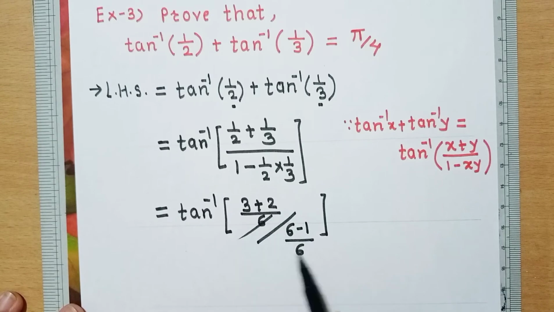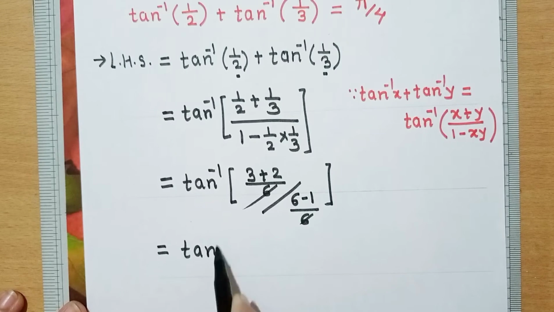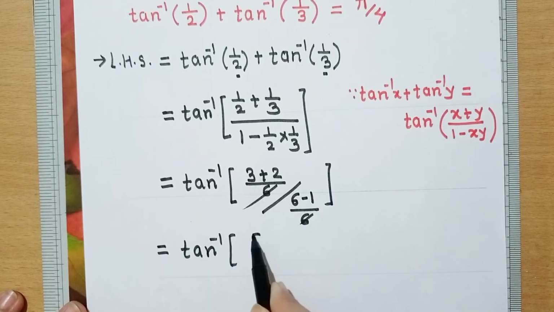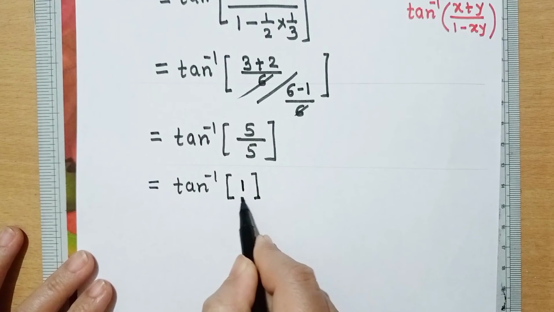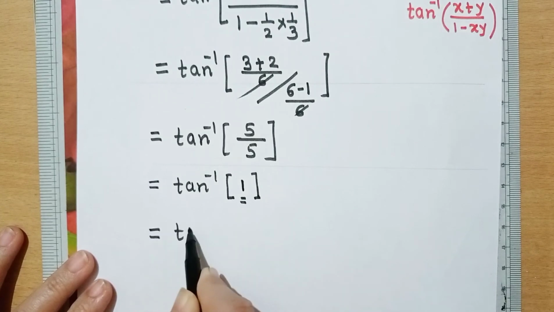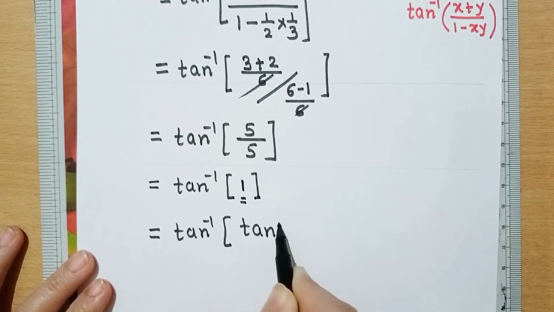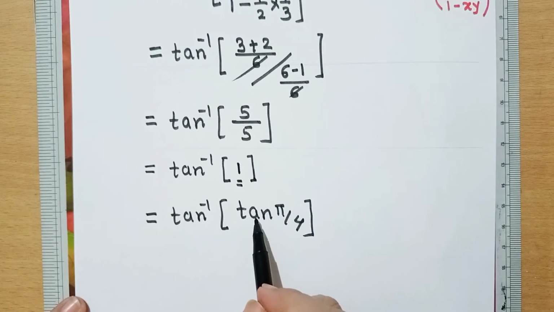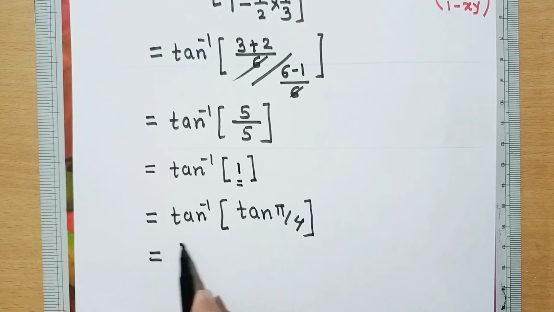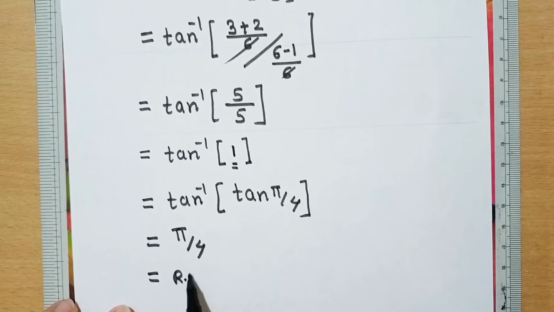Now check, upside downside this 6 gets cancelled and again that is equal to tan inverse of 3 plus 2, 5 upon 6 minus 1, again 5. 5 upon 5 is 1 and again we will write this 1 as tan inverse of, this 1 we can write as tan of pi by 4 and again tan inverse and tan get cancelled and only pi by 4 remains and this is equal to RHS.